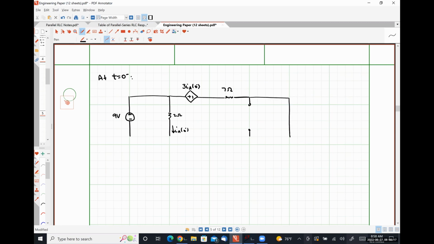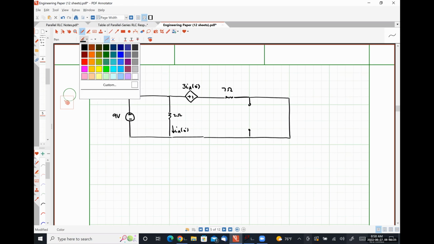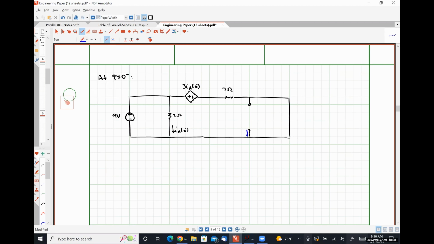Our inductor looks like a short circuit. So let's identify our quantities. So this is IC at 0 minus, IL at 0 minus, V at 0 minus. Pretty easily we can see that IC at 0 minus has to be 0 amps because there can't be any current flowing through the short circuit that's representing the capacitor.